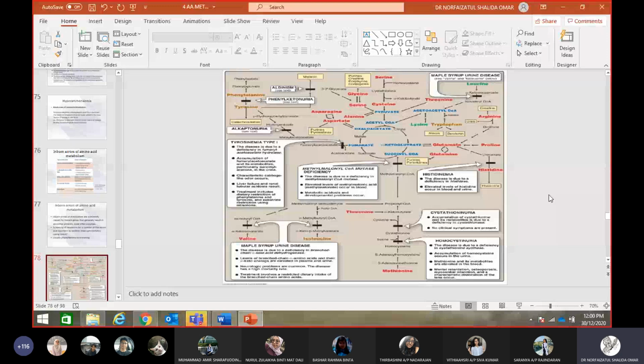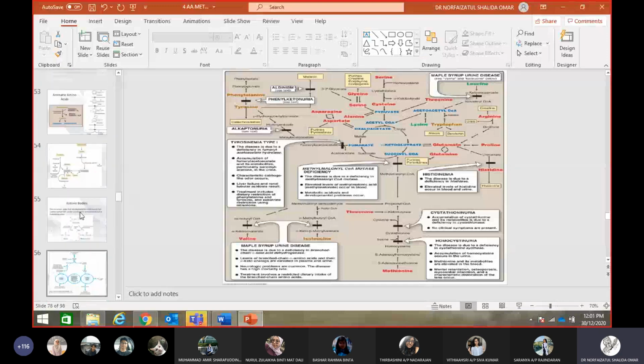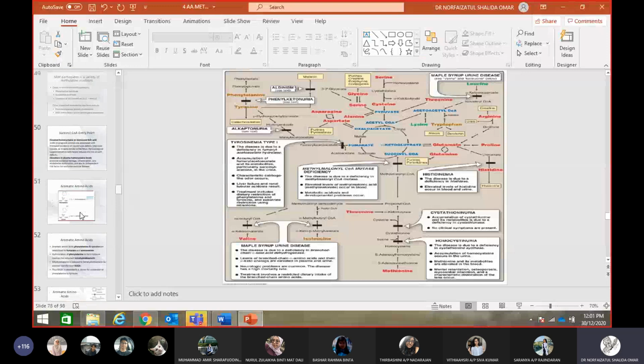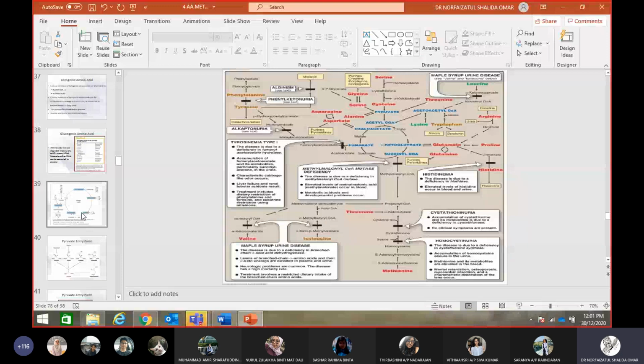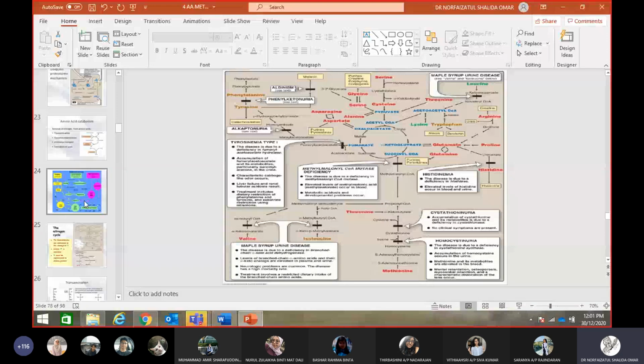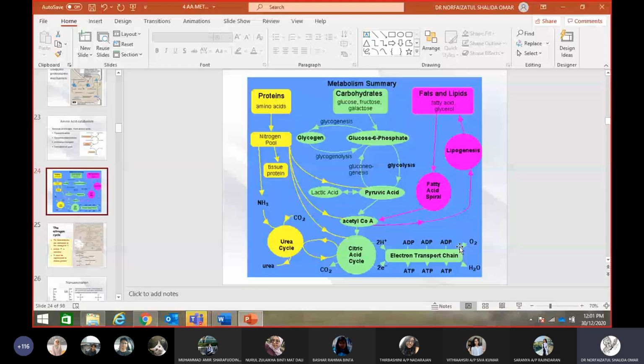We're going to integrate carbohydrate, lipid, and amino acid together, so I need input from you. This one is quite simplified, so we're going to discuss more of this metabolism summary tomorrow.